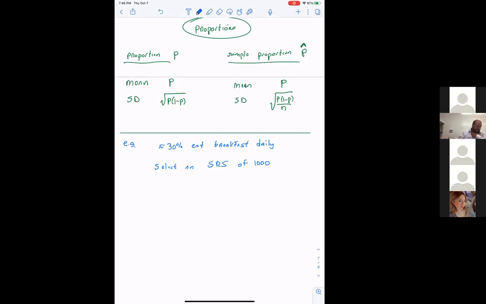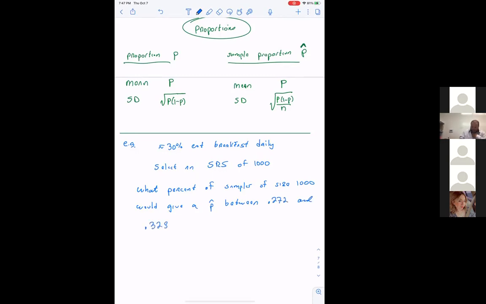The question is, what percent of samples of size 1,000 would give a P hat between 0.272 and 0.328?